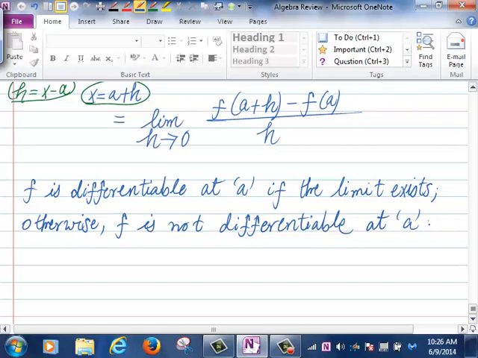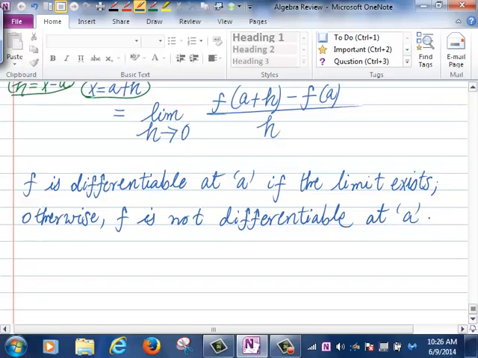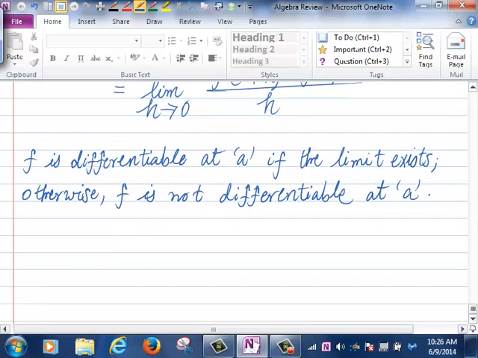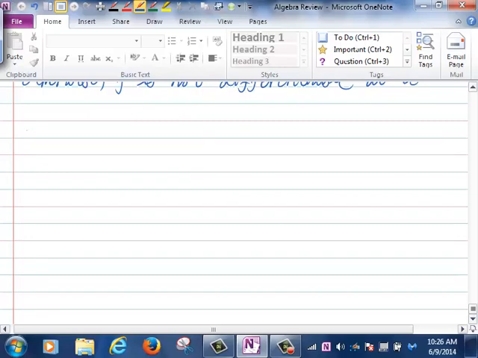Okay. So let's look at a few examples now on finding derivatives by using this definition. Example. Let's say I have the function f of x.